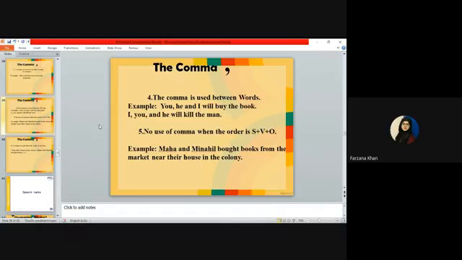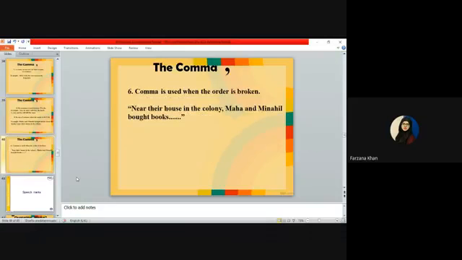Here you can see the example: Maha and Minahil bought books from the market near their house in the colony. Maha and Minahil is the subject, bought is the verb, and books is the object, and from the market near their house in the colony is the proper order in which the other noun has been introduced while adding a preposition to make the object very clear for the readers.